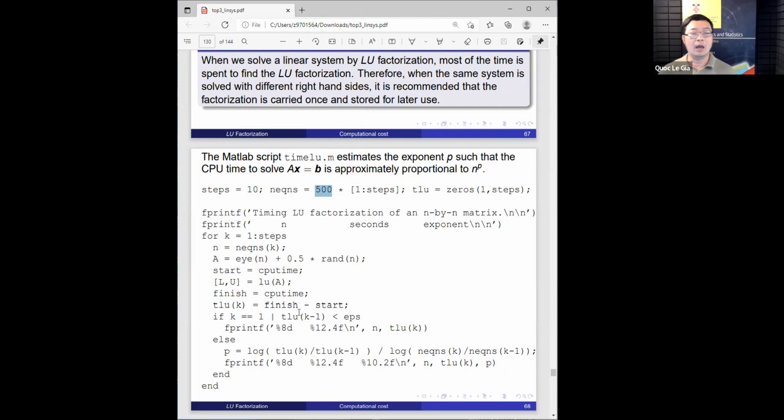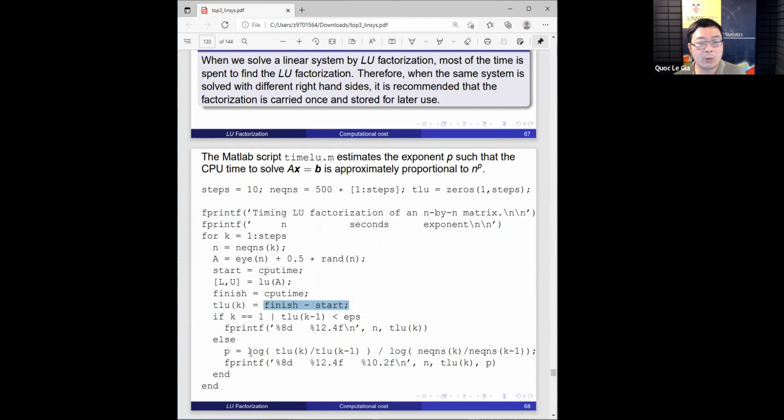Then I compute the CPU time, again, if you saw the lab yesterday, this is just the time taken to compute the LU factorization. So TLUK is just the time taken for computing the LU factorization.